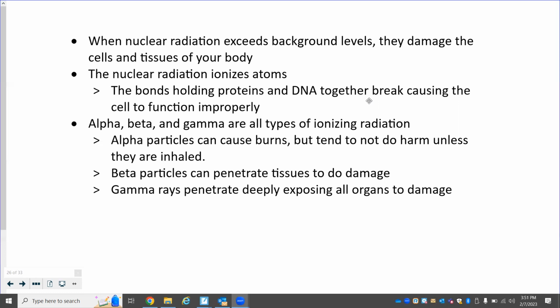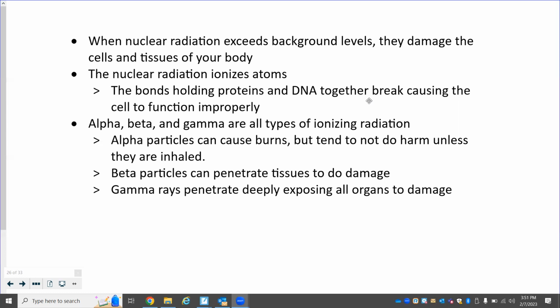Alpha, beta, and gamma radiation are all types of ionizing radiation. Like we said, alpha tends to be the weakest. Alpha particles can cause burns, but tend to not do harm unless they're inhaled or ingested.